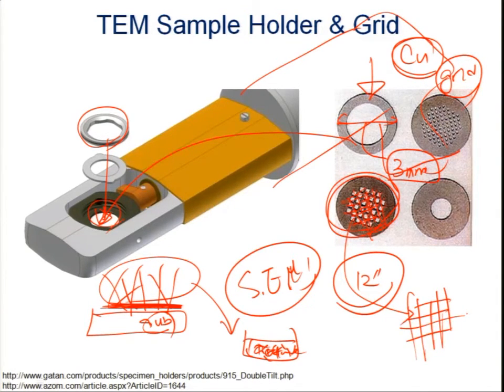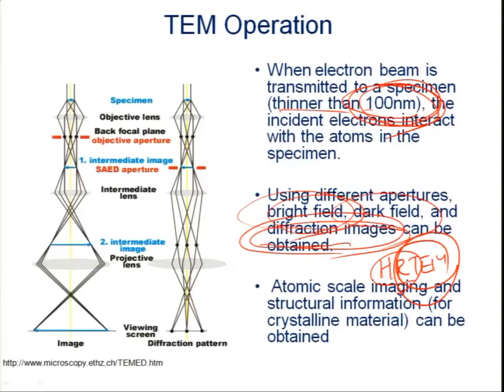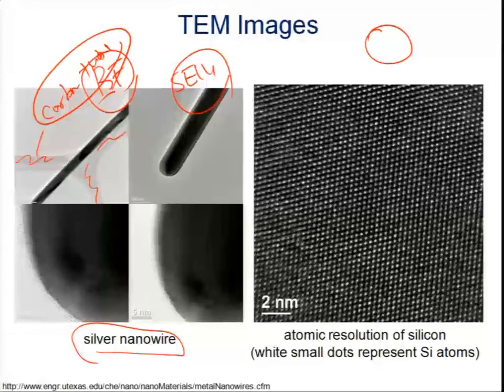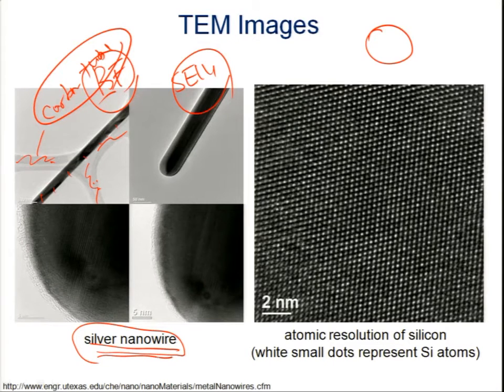Just as we catch fish using a net, we simply harvest the nanotube or whatever nanotube through this carbon net. So this is the net, and this is the nanowire. In this case, it is a silver nanowire.